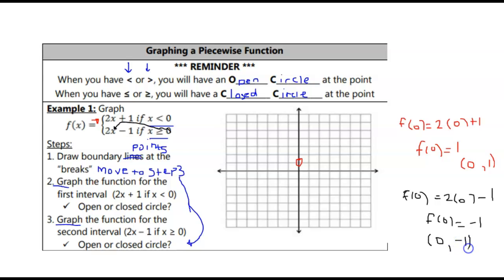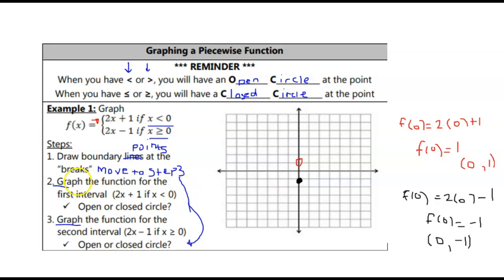Now I'm going to go ahead and plot that point on the graph, and I'm looking, because this value was greater than or equal to 0, I need to now put a closed circle instead of an open circle. So I'm going to 0, I go to negative 1, and this time I'm putting a closed circle on that graph.